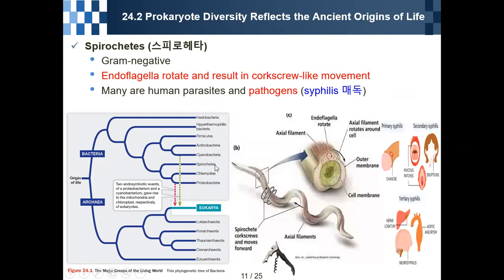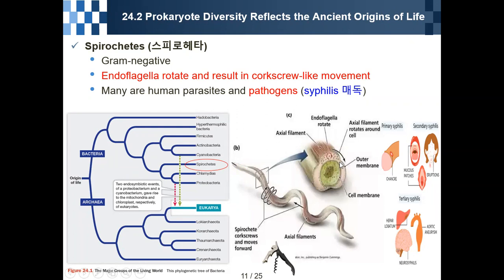Okay. The next one is the Spirochetes. In Korean we call it Spiroheta. This one is also gram negative.